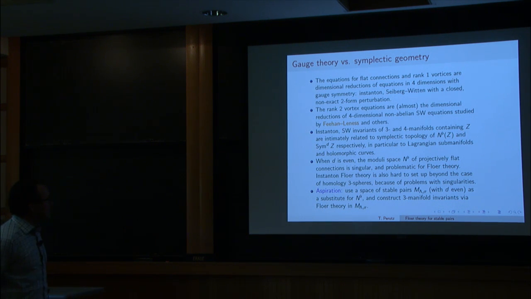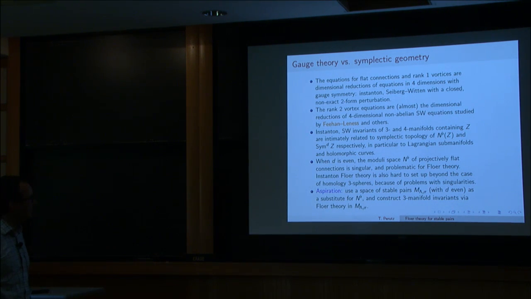When D is an even number, the space of projectively flat connections is singular and problematic for Floer theory. Way back, the proposal of the Atiyah-Floer conjecture was to relate instanton Floer homology for 3-manifolds with Heegaard splittings to Lagrangian Floer theory in such a moduli space, but it's really hard to make a precise statement.